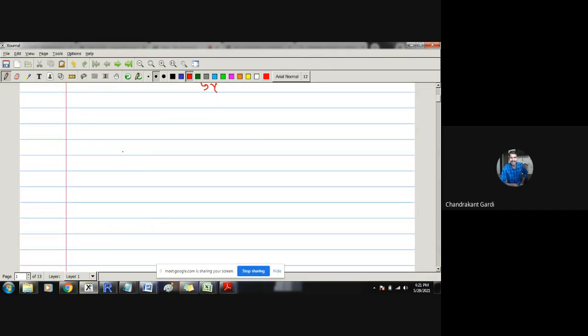suppose 1, 2, up to 100, and this is, say, O1, the new observation. For this particular observation we have calculated these particular distances, and then suppose we are talking about five nearest neighbors, then the five smallest distances among this distance column will be considered.